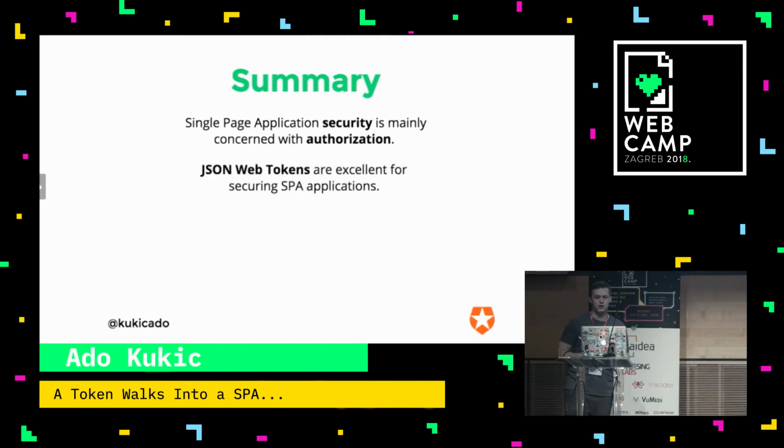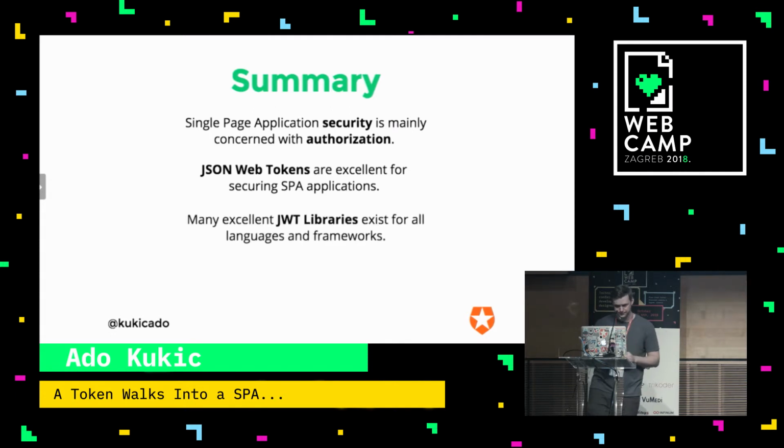JSON Web Tokens are excellent for securing single-page applications, and this isn't saying cookies or sessions are better than JSON Web Tokens. They both have their pros and cons. JSON Web Tokens just happen to be really flexible and really powerful when it comes to SPAs as well as mobile applications. And there are many excellent JWT libraries for all languages and frameworks.